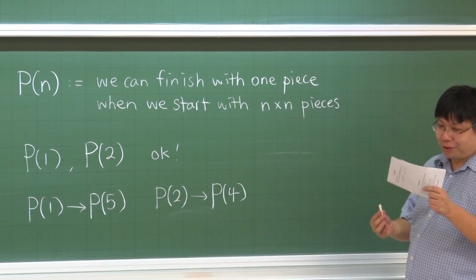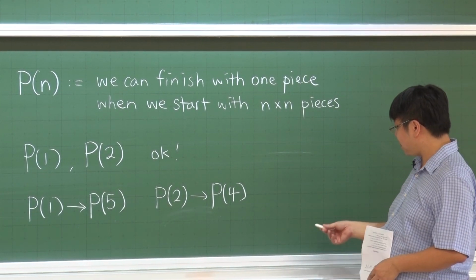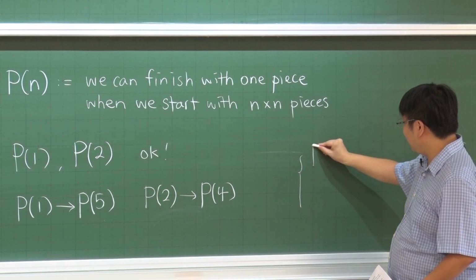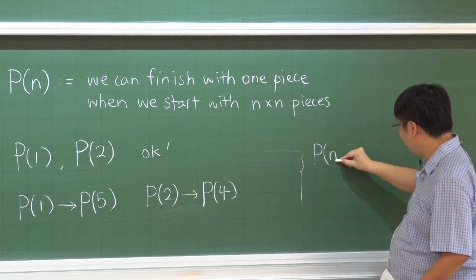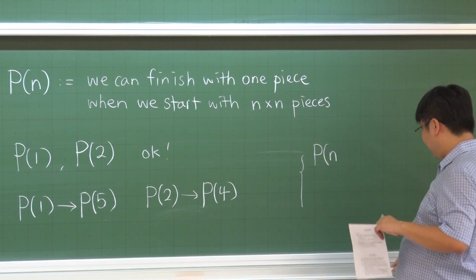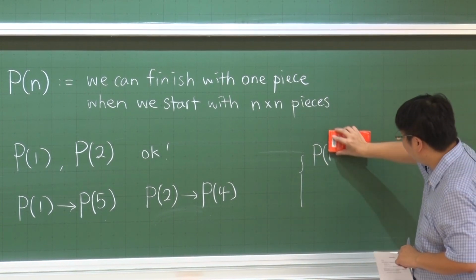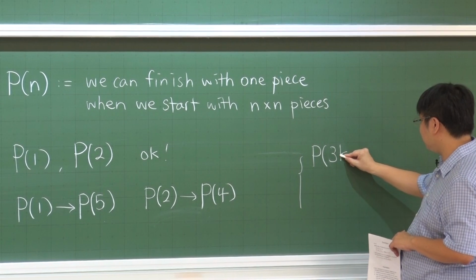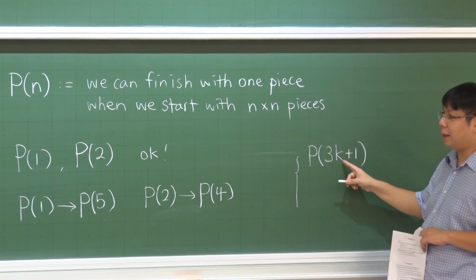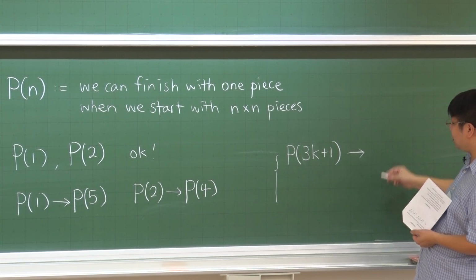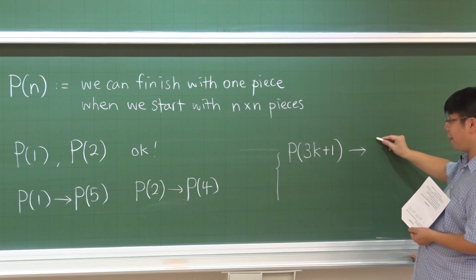Actually, in general, we are going to show Pn, let me see, okay. So if a number is of this form, 3k plus 1, so like P1, then we are going to show that it is correct when we are adding 4 to it.